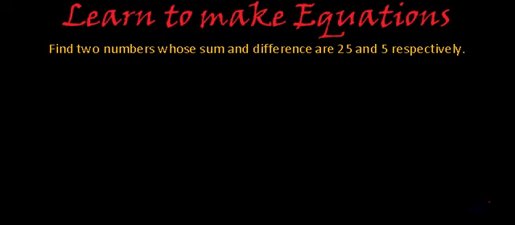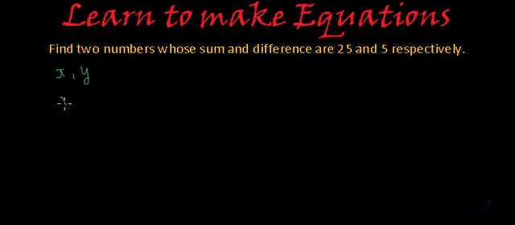First method is where I'm going to use two variables and I'm going to solve it using one variable also. In first method, let's assume the numbers are x and y. So if numbers are x and y, they are saying their sum is 25.